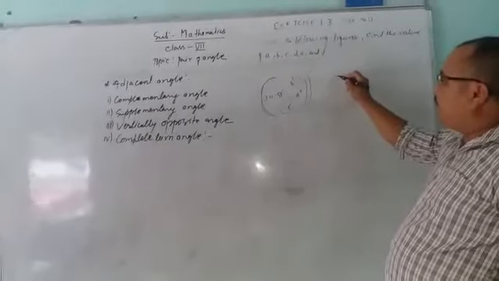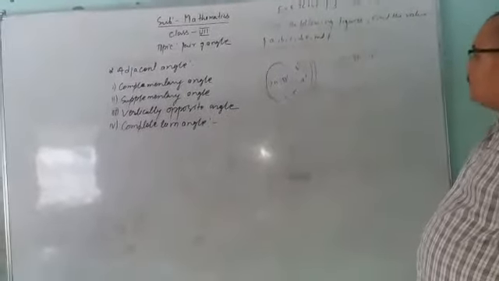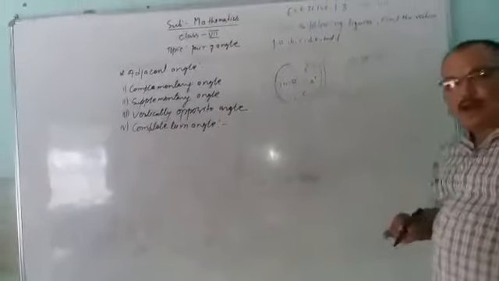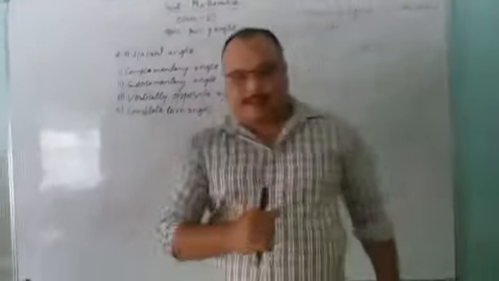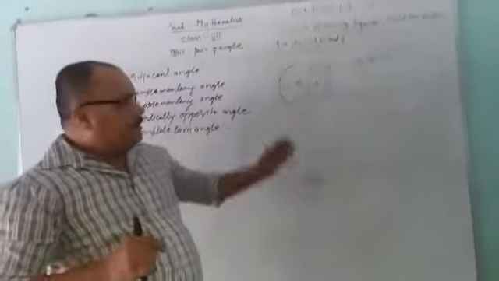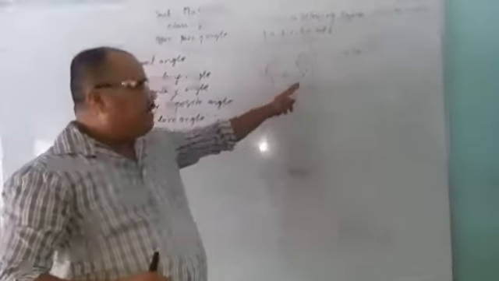Here 2a minus 50 degrees is equal to a degrees. So dear students, this and this are equal. What was the reason? Yes, it is vertically opposite angles. That's why it is equal.